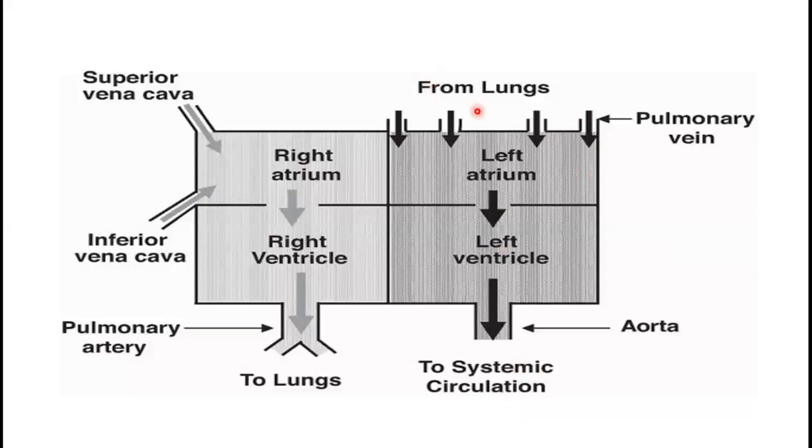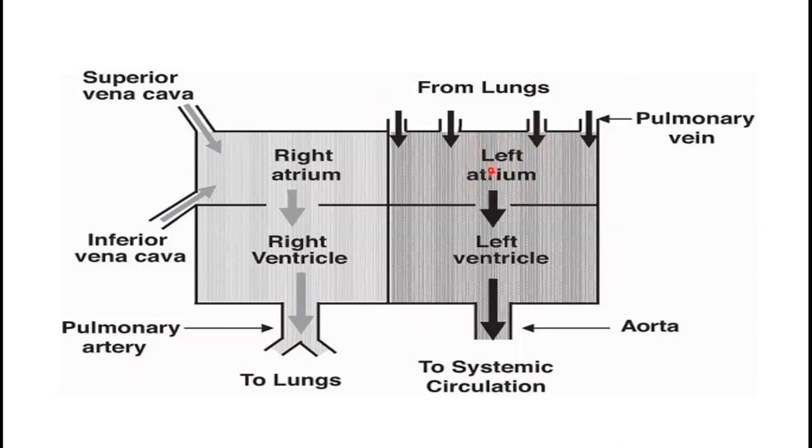That oxygenated blood from the lungs returns to the heart with the help of four pulmonary veins. You can see pulmonary arteries are two since we have two lungs, and pulmonary veins are four, two from each lung, two from the right lung and two from the left lung. That oxygenated blood then comes into the left atrium.